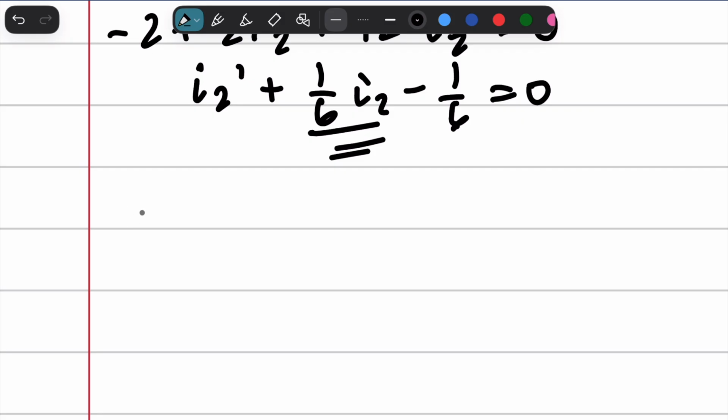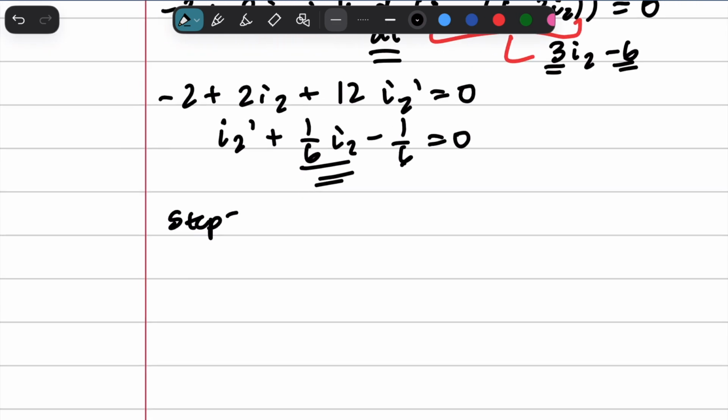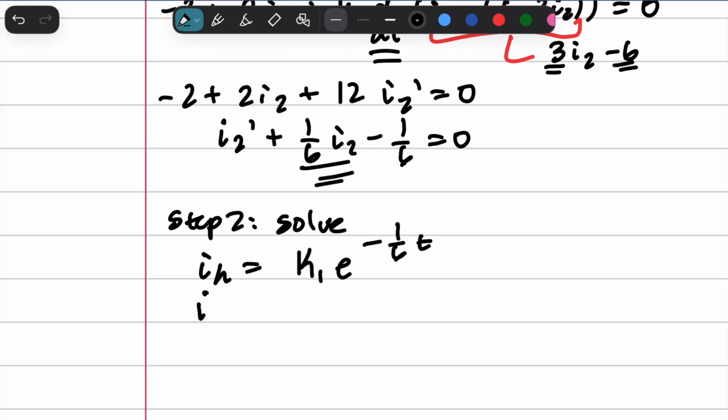Step 2, I'll say. Solve. So we've got I homogeneous is equal to k1 e to the negative 1/6 t, and IP is equal to k2.